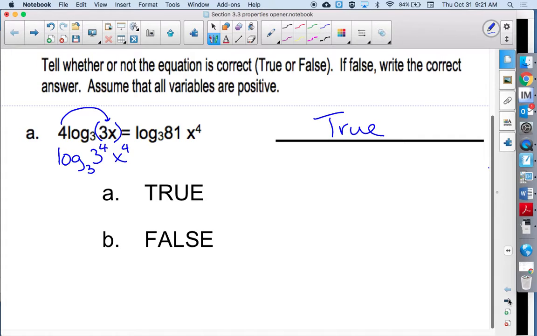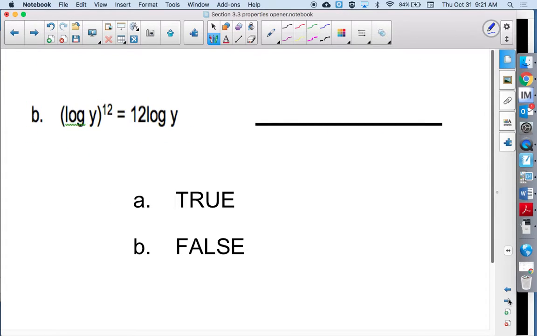So that one's true. Looking at letter B, we have the log of y to the 12th in the parentheses, the log of y. The 12 is outside. Does that equal 12 log y? Carrie says false. Why do you say false? Because the log shouldn't be in the parentheses. So we're not taking the log to the 12th power, it's just whatever's after it.